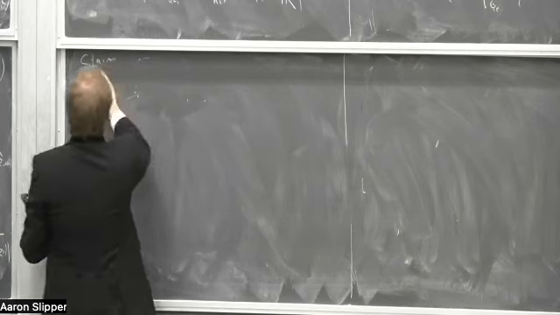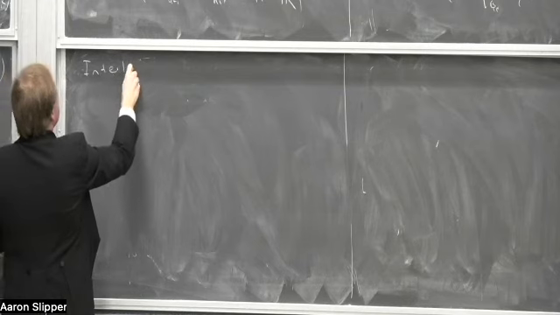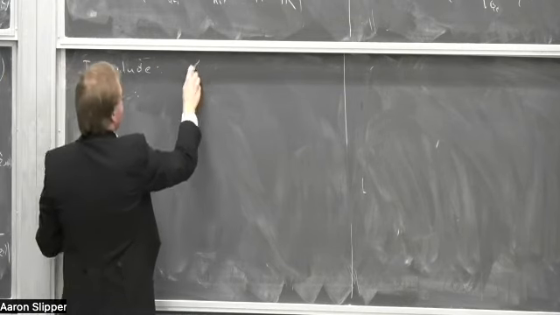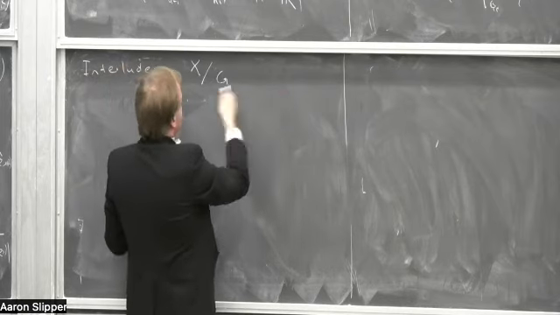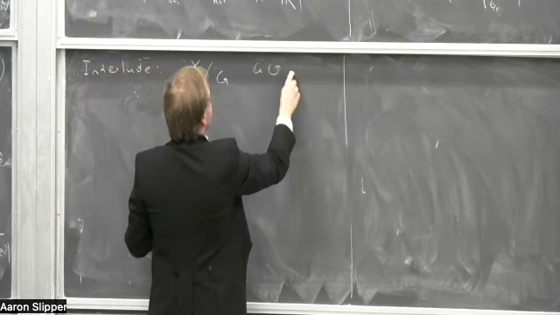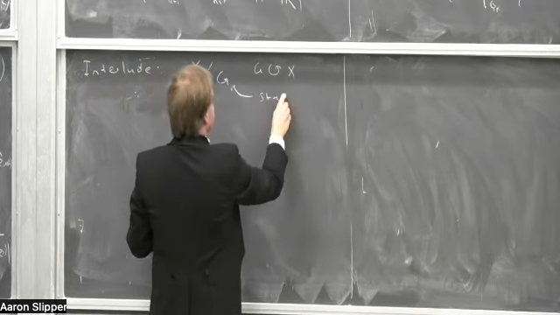Sorry, before I get to this claim, I want to do one little thing. So, interlude. Consider the quotient stack X mod G, the quotient of X by the action of G, where G is some group acting on a variety X. I do mean stack.